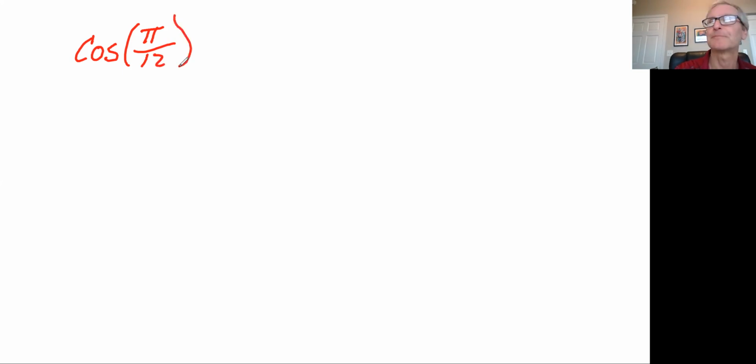That would be the best one. And so if we set this one up now, I would convert it to degrees. So what would you have? 180 divided by 12, and that would be 15 degrees.